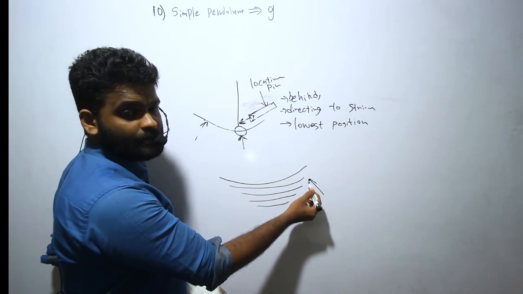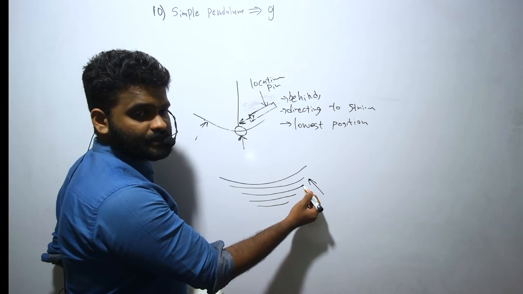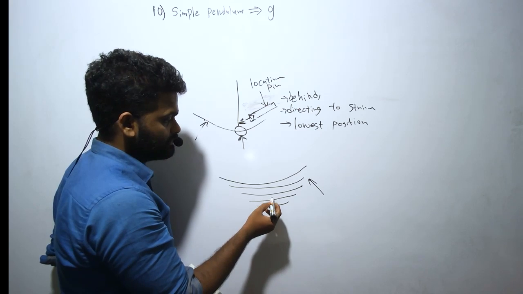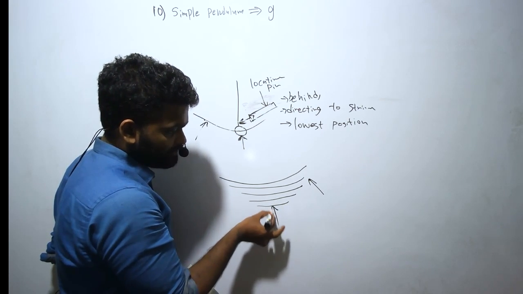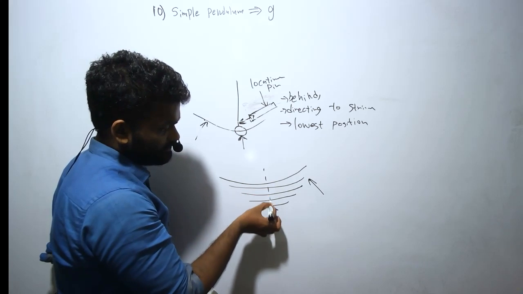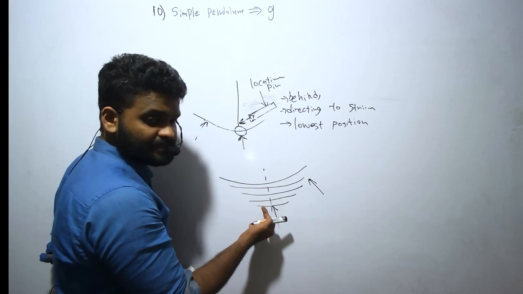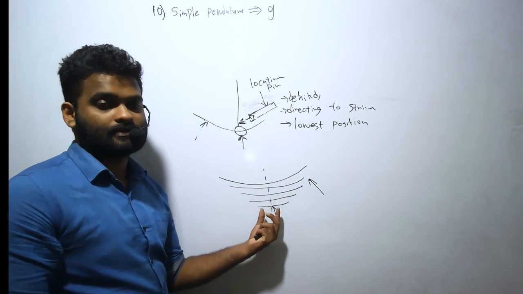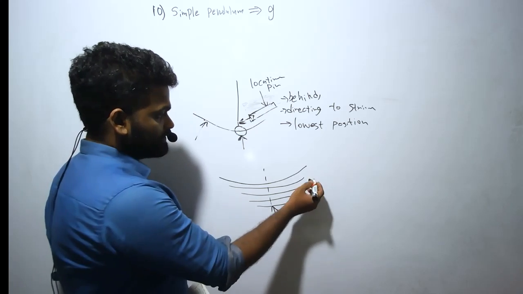You won't be able to determine that particular oscillation, right? But if you place a locating pin here, you can make sure of one oscillation even after all the 25 oscillations are done, right? Understood? Okay, just quickly draw this.